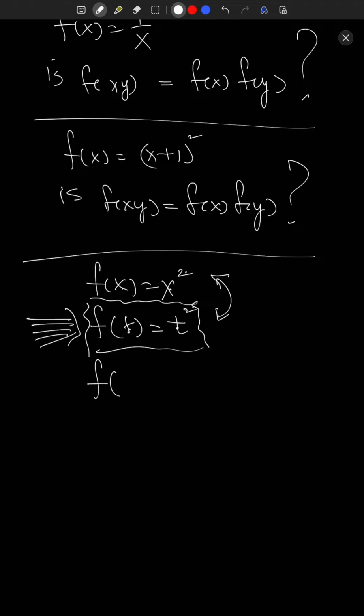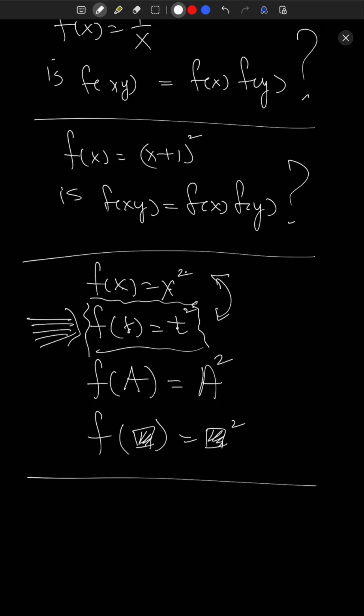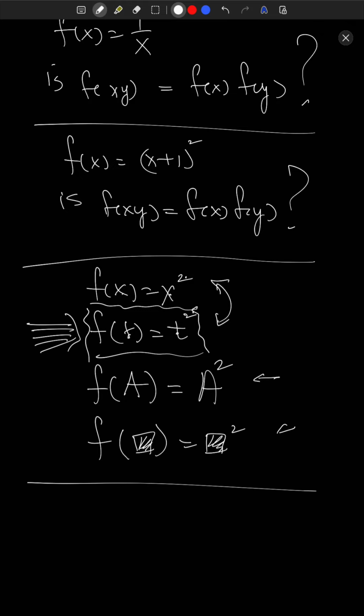So f of a equals a squared is the same function. And as we said, even f of box equals box squared is the same function. All of these are the same functions, just given in different descriptions. We generally like to describe them in terms of x, but there is no requirement for that.